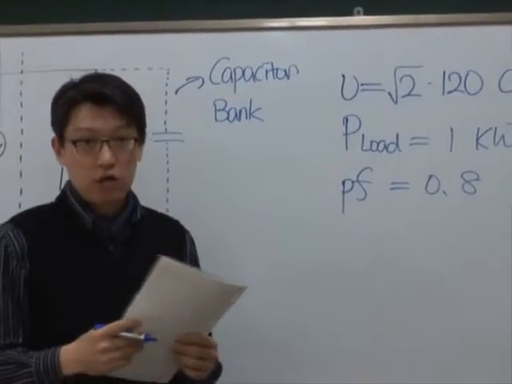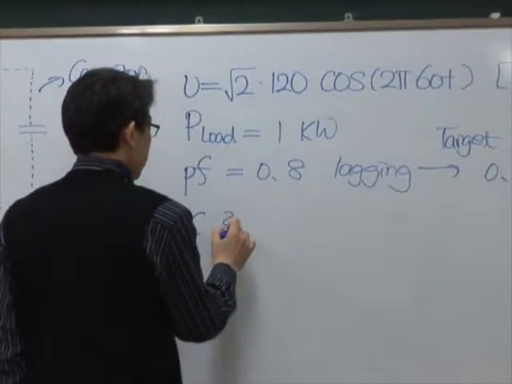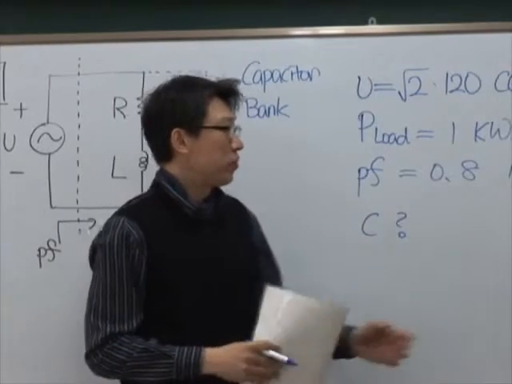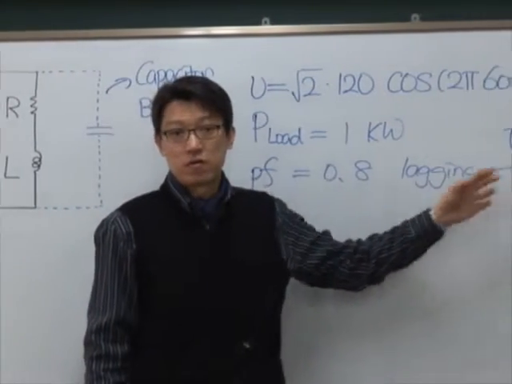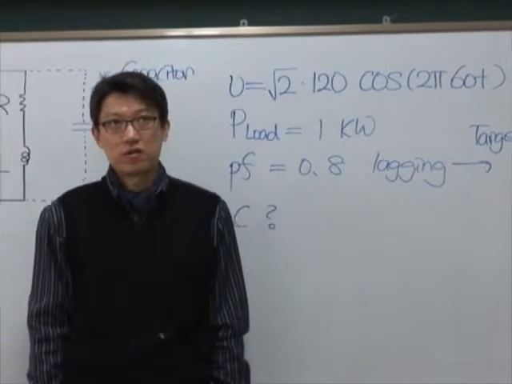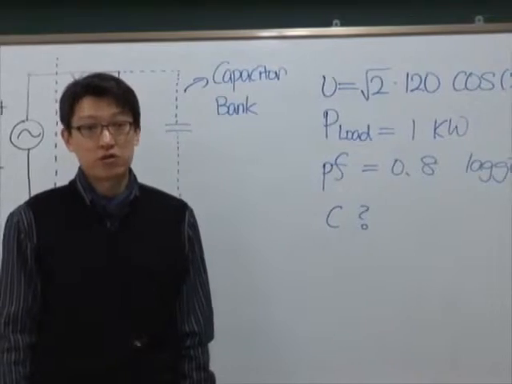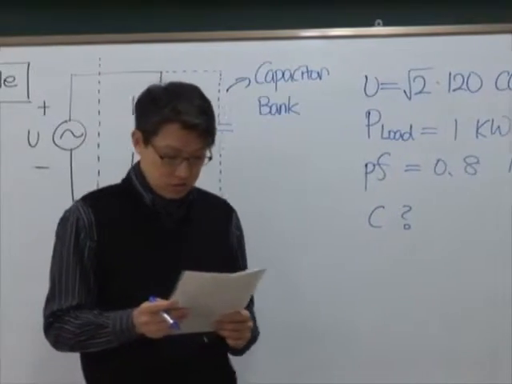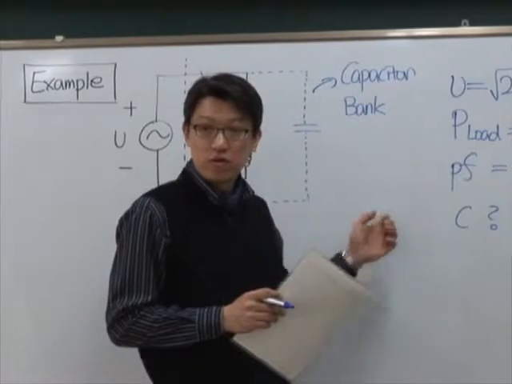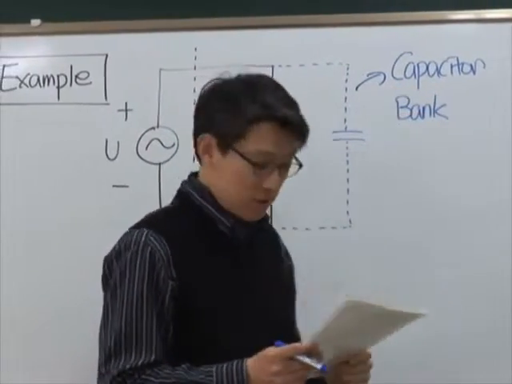So the question is now, how much C is required to make the power factor 0.95? Okay, that's the question. This is a famous question from circuit analysis. Have you ever solved this question before? No? It's the first time? Okay.